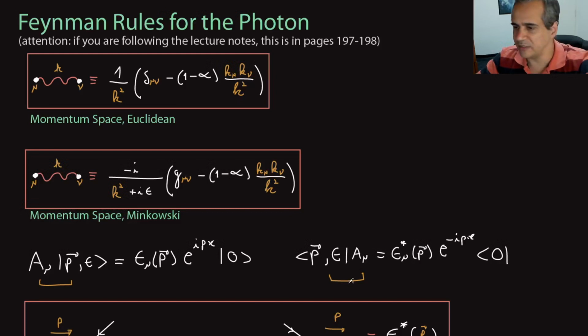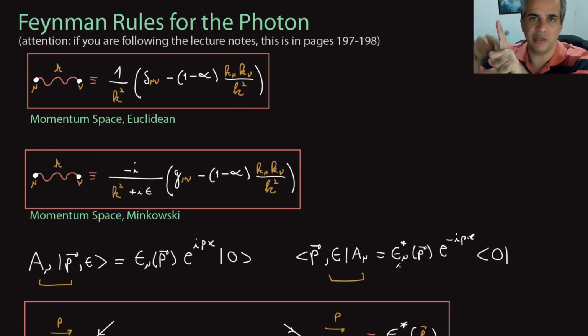And when you contract it to the left, you match the creation part of this operator to this, and you get this exponential and the complex conjugate of the polarization, which, by the way, we have been using real polarization. I assumed epsilon, the polarization, was real, which is very useful if you're talking about orthogonal, transverse polarizations in, say, the x and y direction.